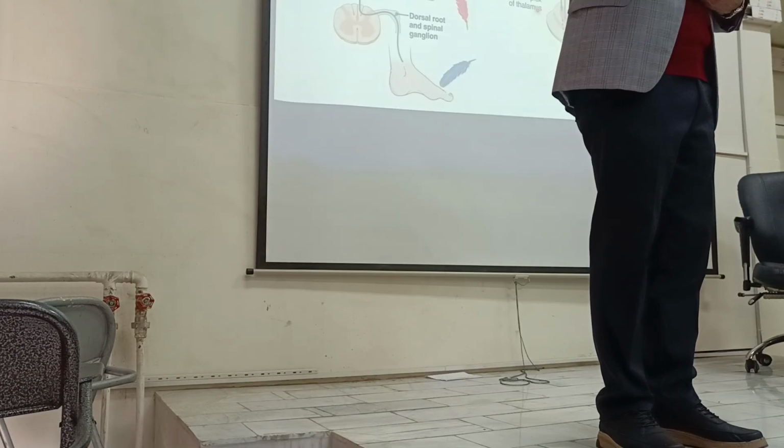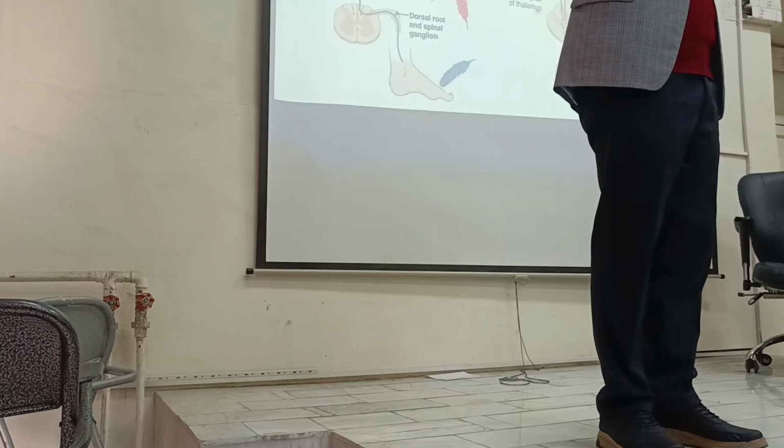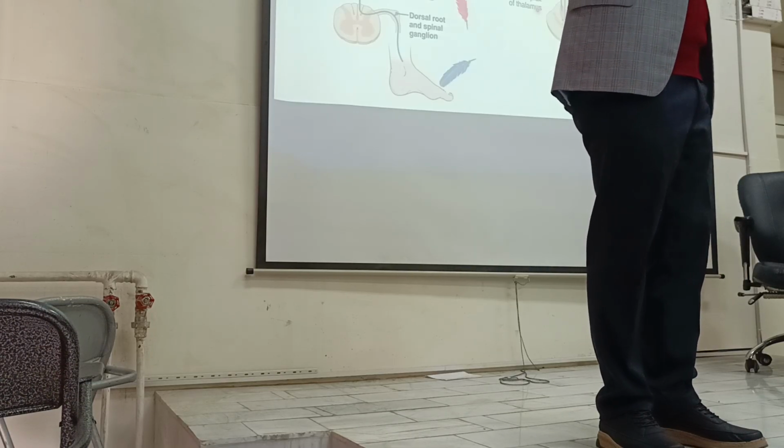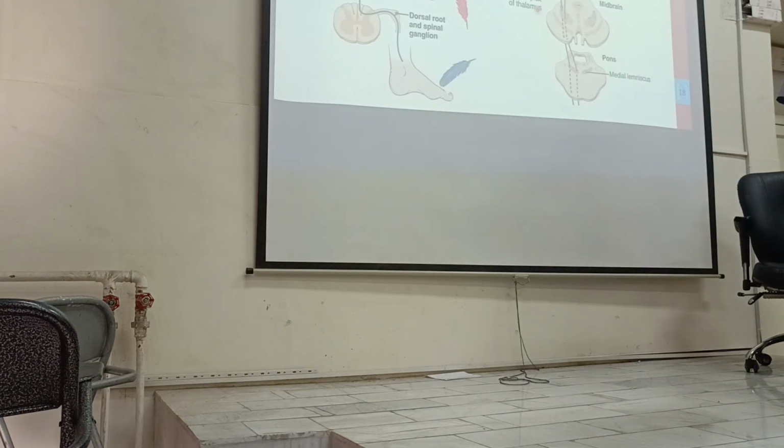And the navel, physiologically, is related to thoracic segment 6. Right? So we have 12 thoracic segments. The sixth one is the middle one, right? So below the navel, they send the information to segments below T6. Above the navel, they send the information to segments above T6.